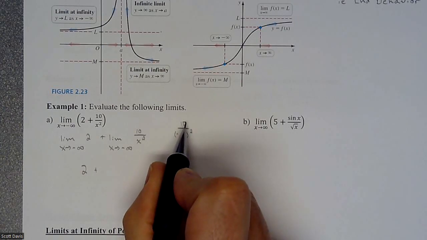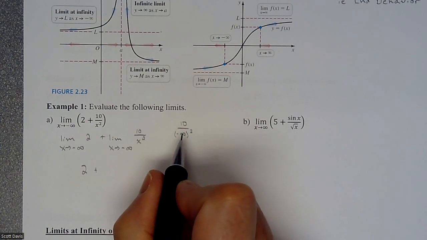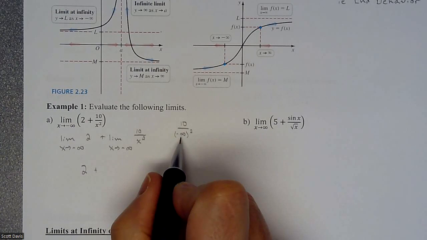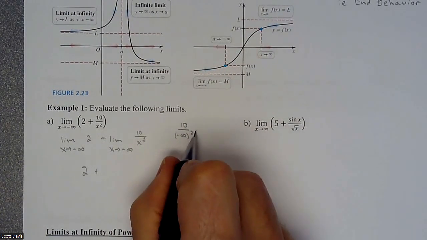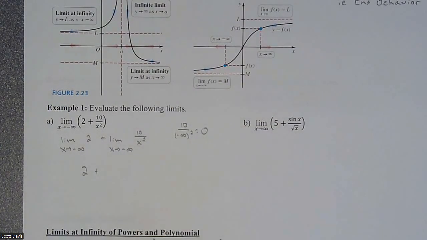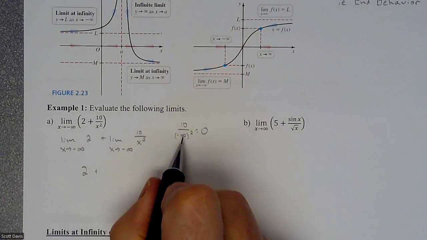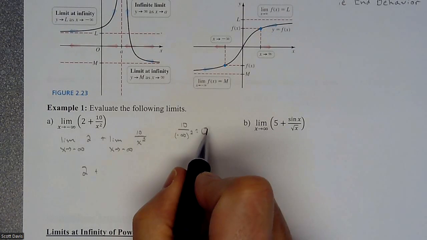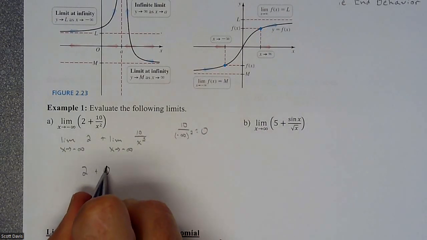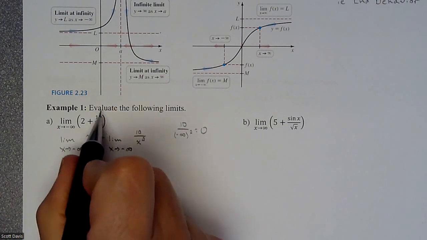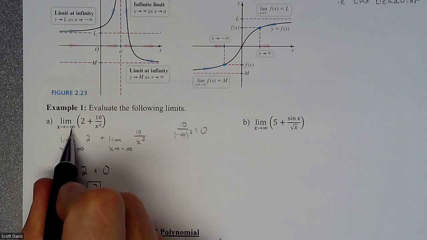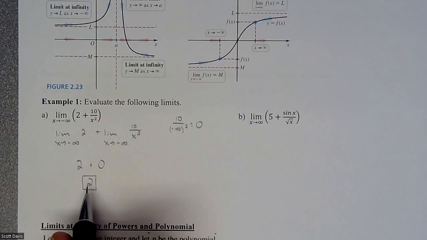If you're taking a value divided by something that's going to infinity, it doesn't matter in this one whether it's positive or negative infinity, we are going to be approaching 0. Something divided by something that's ever increasing, we're going to get 0. The idea is that we're getting 0 from either above or below, but the main thing is that that's going to be adding up to 0. So our overall limit, or end behavior, if we were to graph this, would be as the graph goes to the left, we are approaching 2.